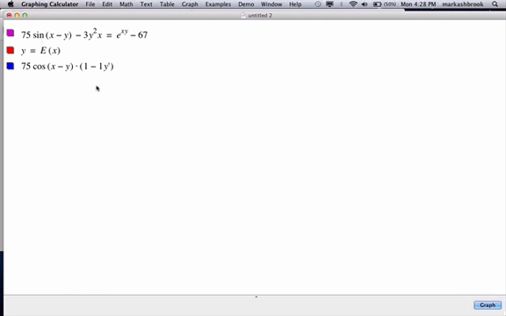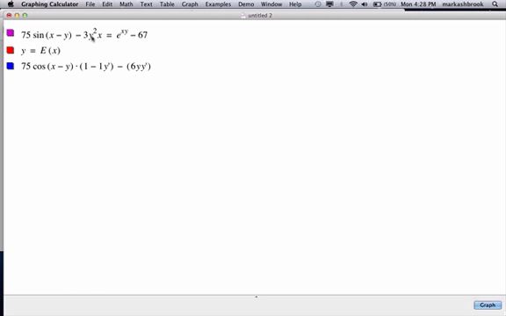Next we're going on to 3y squared x, and the overall structure of that is a product. We're going to use the product rule. So minus, we'll start with the derivative of the first times the second. The derivative of the first is 6y, but by the chain rule we need a y prime.